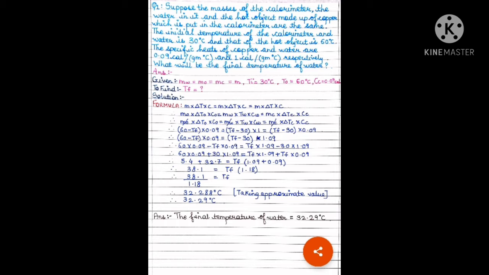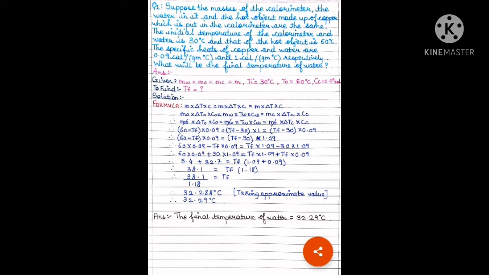Now in place of delta TW, TF minus 30 comes. TF minus 30 comes from TF meaning final temperature and 30 is given as initial temperature. Okay. Now we will take TF minus 30 as common on the RHS. So it will become 60 minus TF multiplied by 0.09 is equal to TF minus 30 multiplied by 1.09.